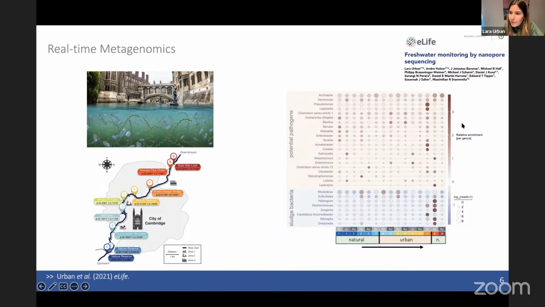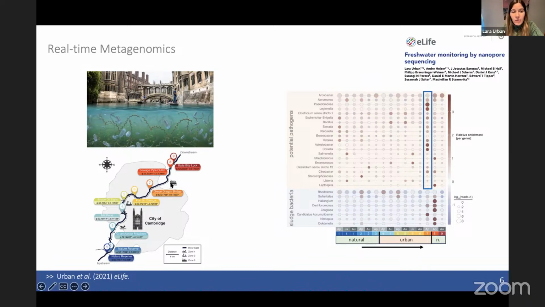I think the most important part to look at is the red coloration, which represents the relative enrichment of any of those taxonomic groups across the different sampling sites along our river. I hope you can appreciate that we found a relative enrichment of potential pathogens at location 7.